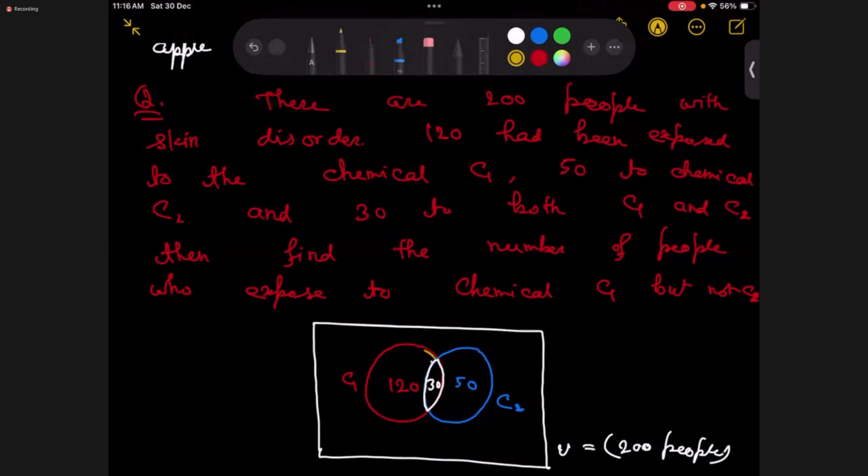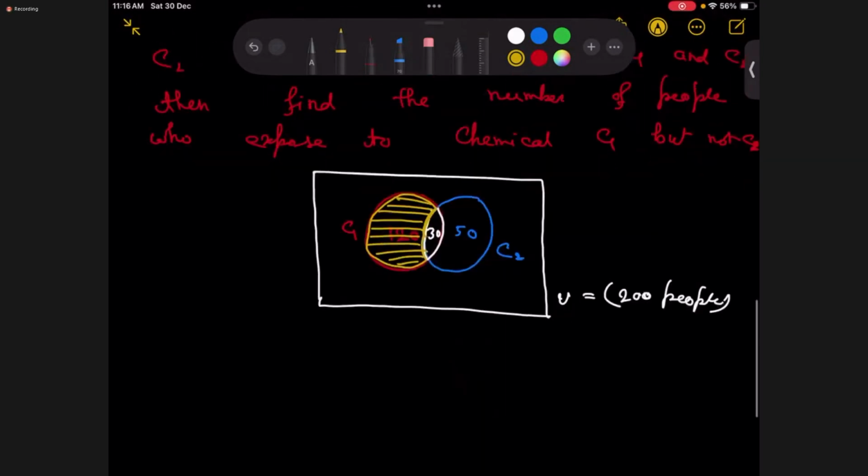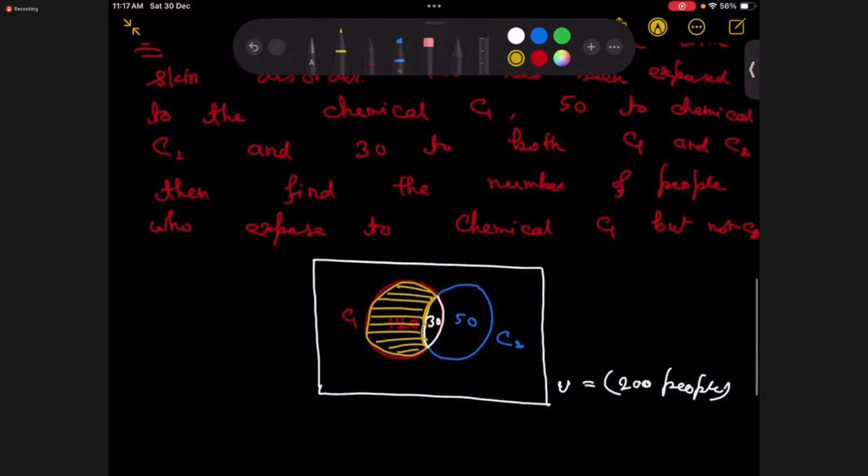Based on our previous knowledge, what is this set? This yellow one is nothing but C1 minus C2.